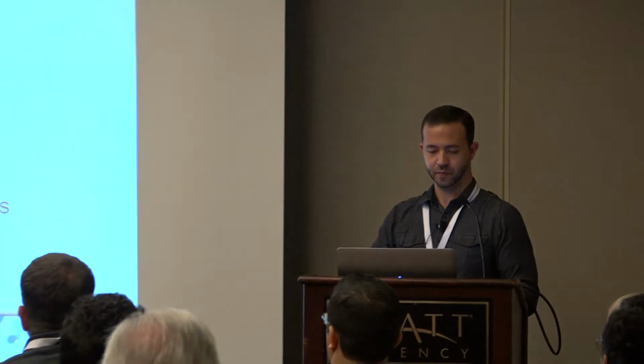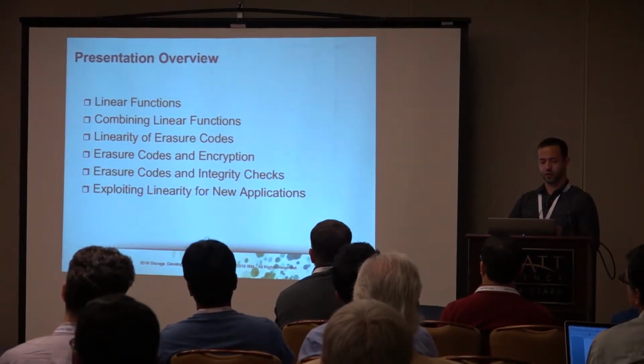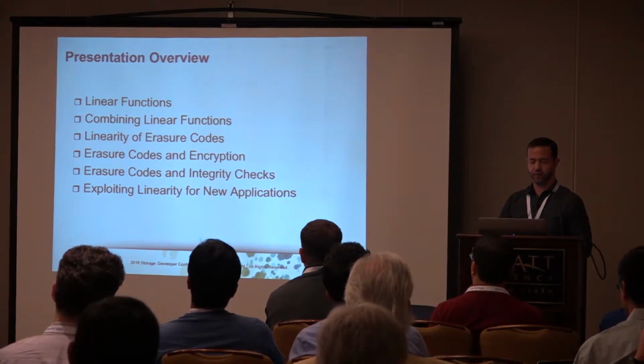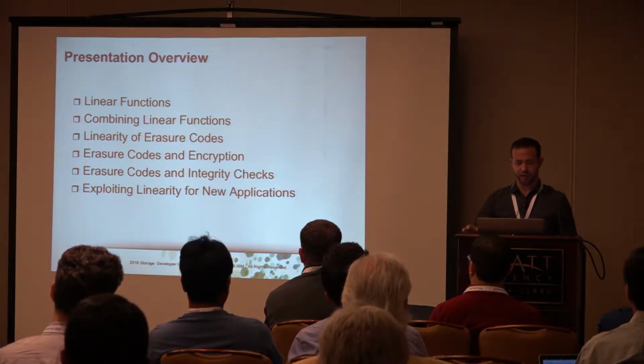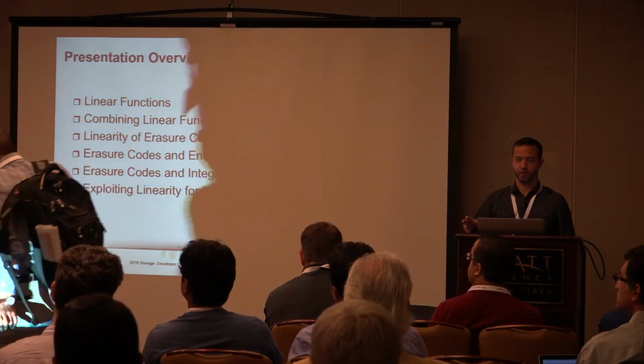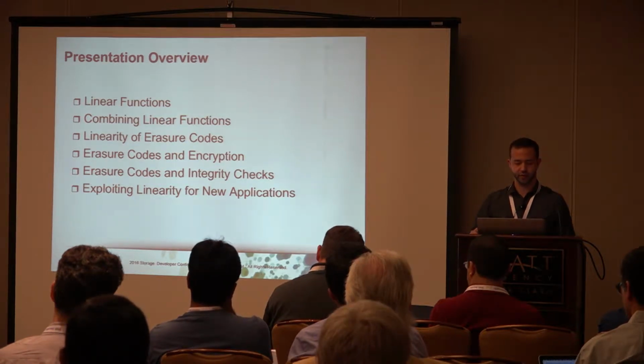I'll begin by introducing and defining linear functions. I'll show some toy examples of linear functions, and the manners in which they can be combined. I'll then show and prove how erasure codes satisfy this property of linearity.